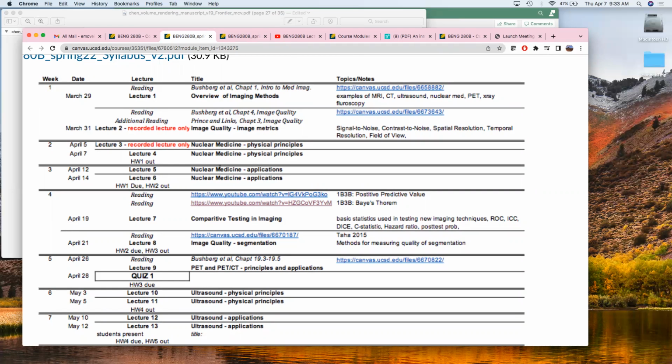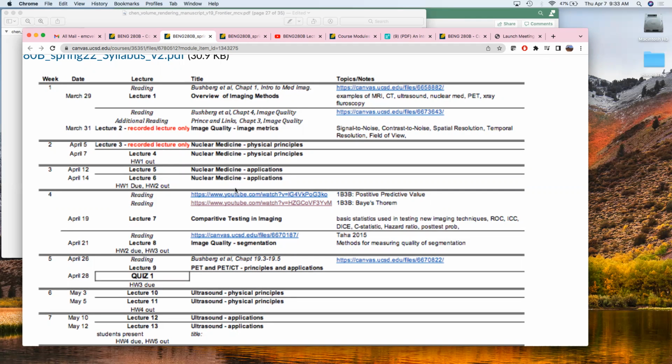And then next week, we'll do nuclear medicine applications. And as we saw in the introductory lecture, a huge amount of nuclear medicine is done in cardiology. And then the other major application for nuclear medicine is cancer and trying to find tumors.